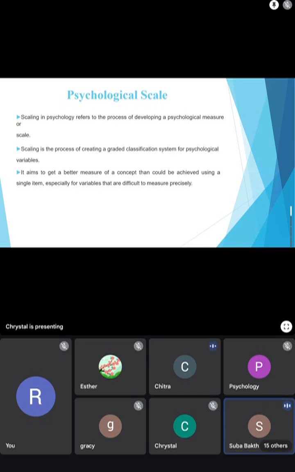Accordingly, the approach will differ. When you measure an attitude, the statistics we can use are the correlation coefficient, regression, and factor analysis. So apart from the numerical values, we also interpret these.